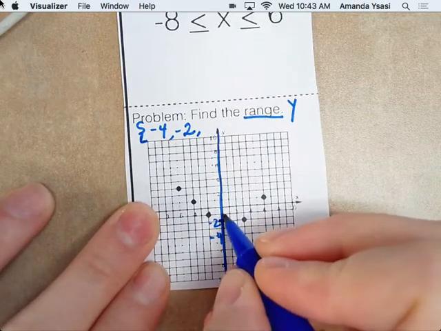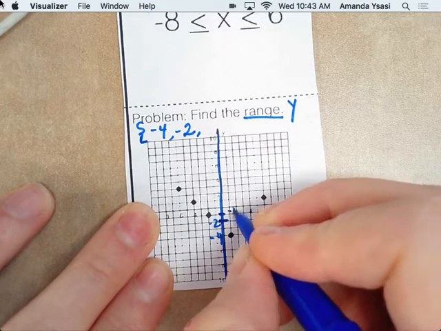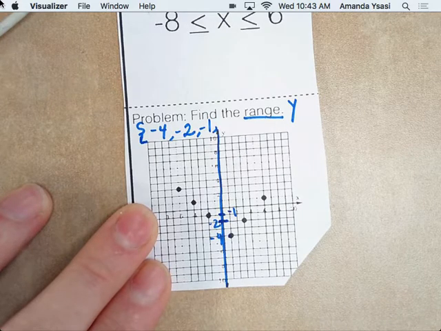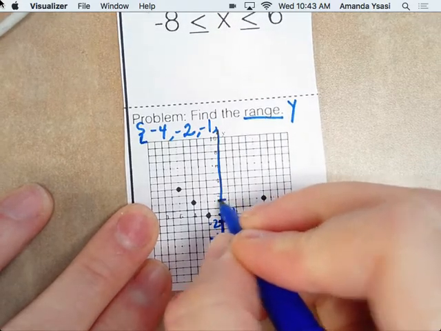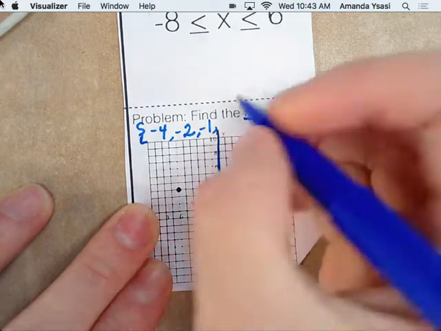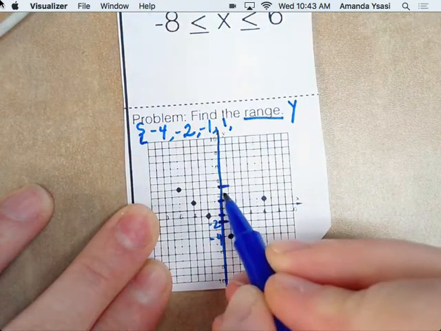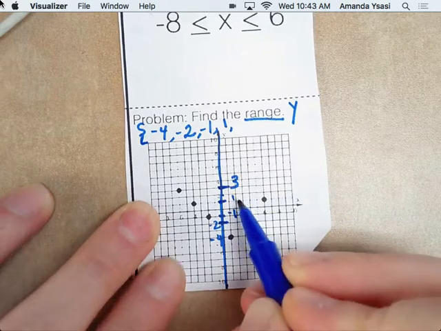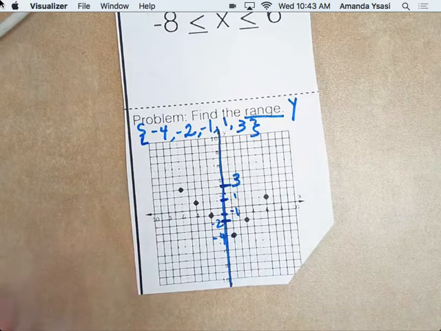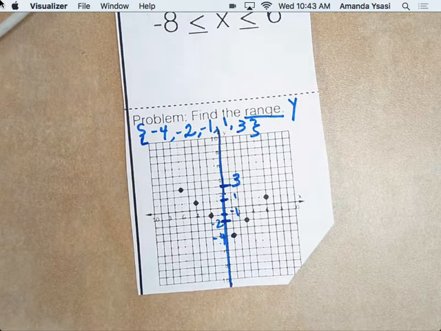And then the next one, how far down does it go? -1. And then the next Y value will be at 1. Both points have a Y value of 1. And then the next one, 1, 2, 3. So our range is -4, -2, -1, 1, and 3.